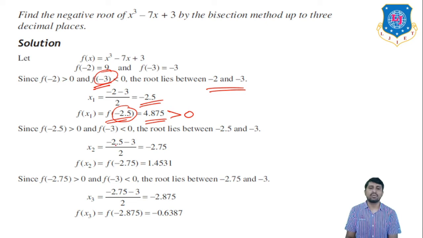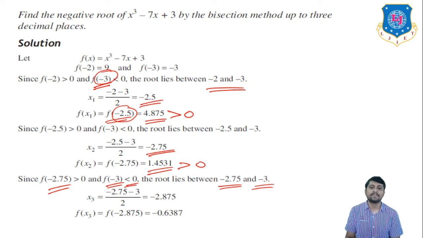So the next point is minus 2.75. f of minus 2.75 gives a positive value, and since f of minus 3 is less than 0, your root lies between minus 2.75 and minus 3. So x3 is (minus 2.75 and minus 3) divided by 2.